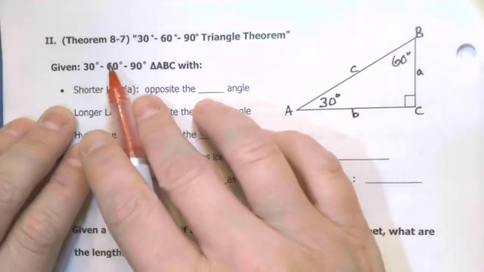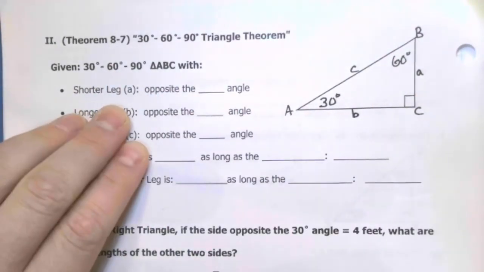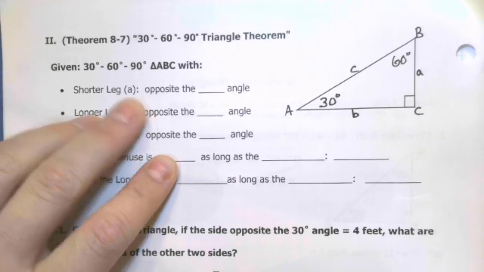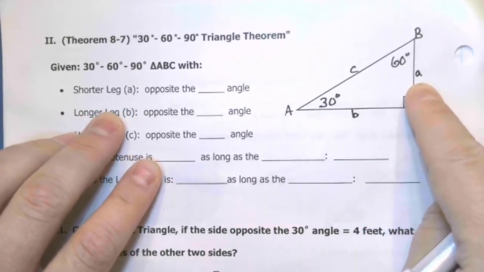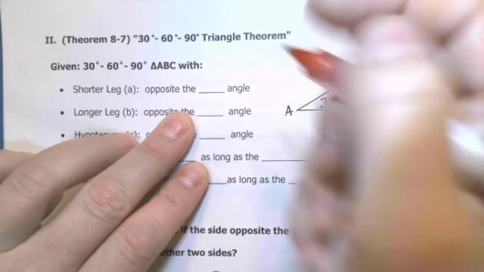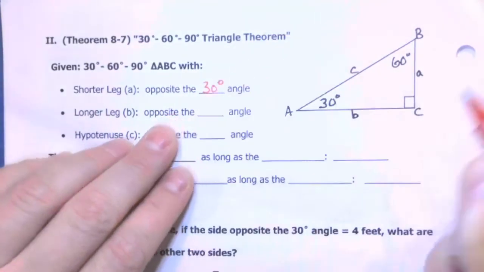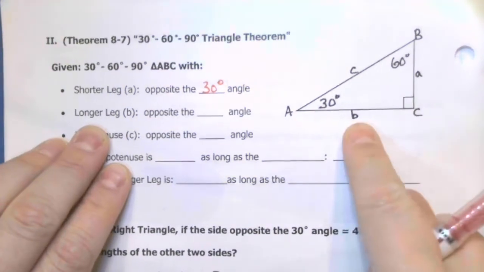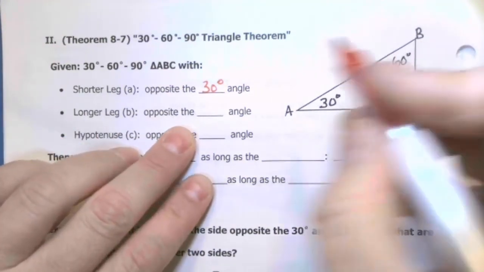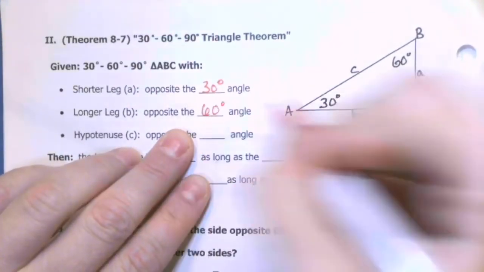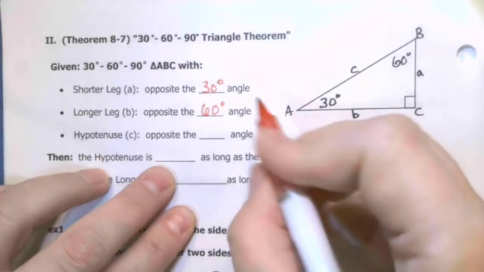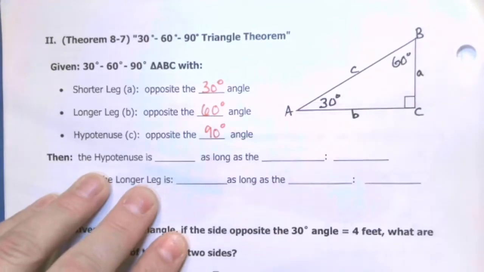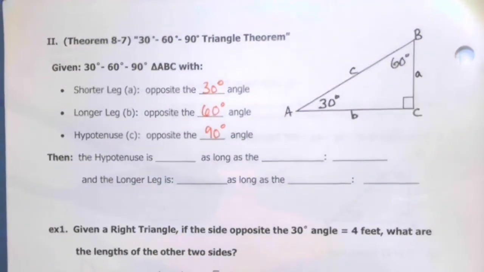So, Theorem 8.7, given a 30, 60, 90 right triangle, obviously, leg a, lowercase a, in this picture is opposite the 30-degree angle. The longer leg b is opposite the 60-degree angle. And of course, hypotenuse c is opposite the 90-degree angle.